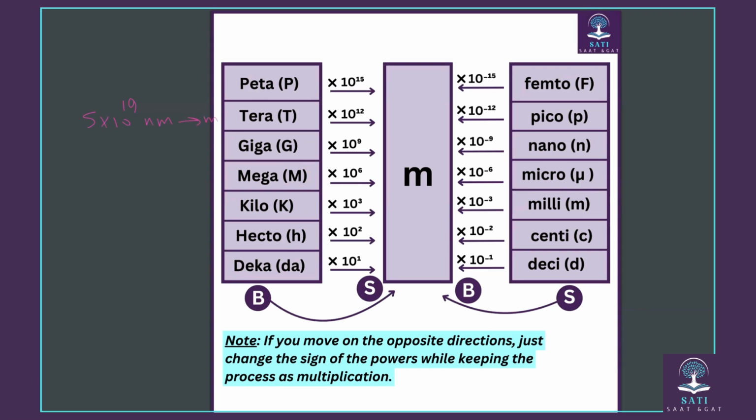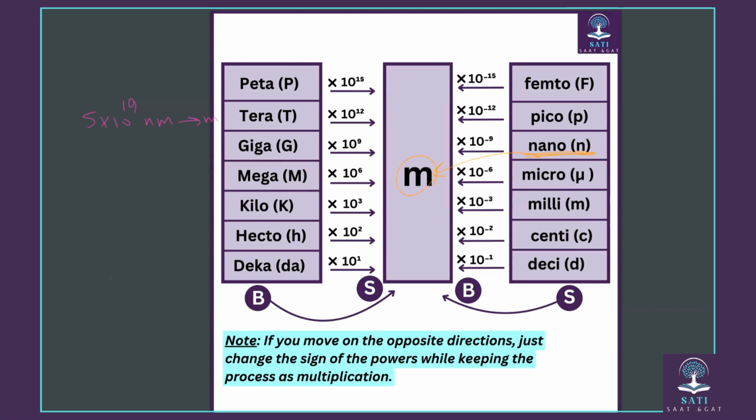Where is nanometer? This is nanometer. Again, nanometer, nanoliter, nanohertz or nanofarad, regardless of what the unit is, as long as there is nano as a prefix, I go this way.